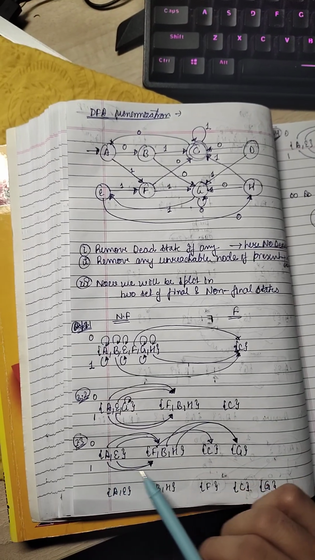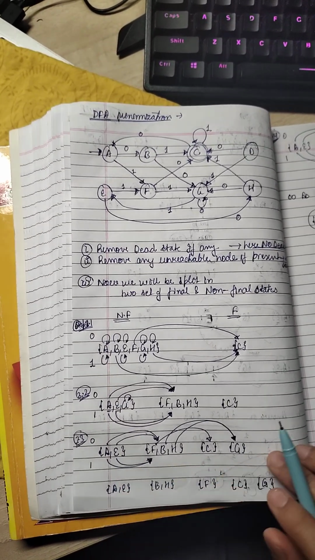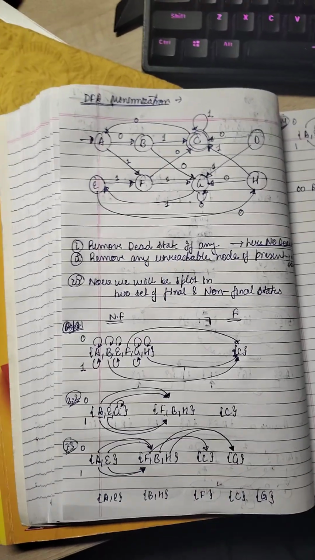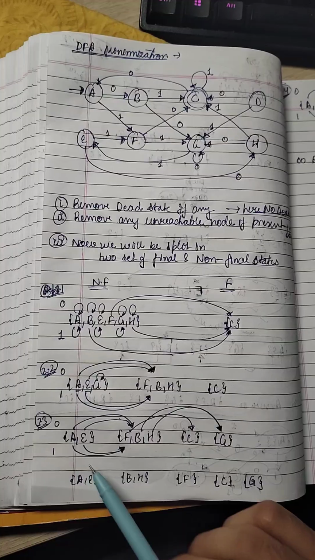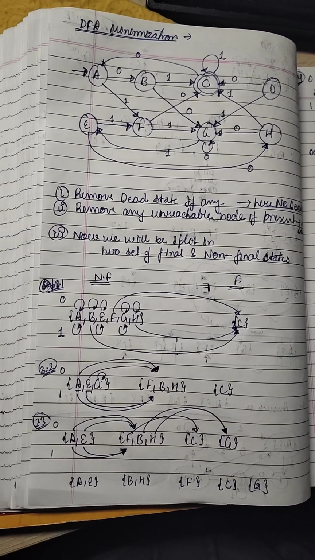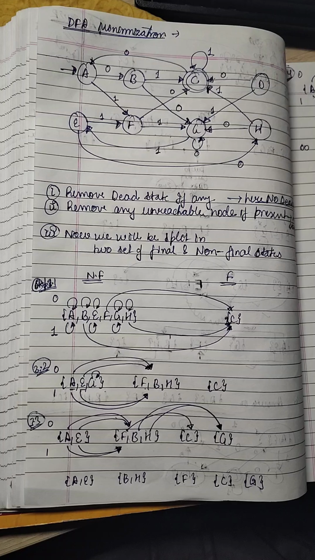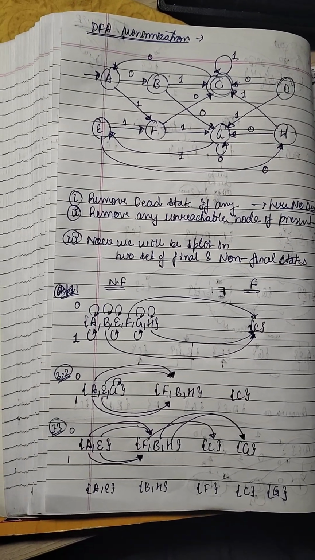Here also A and E are going to the set FBH. It can also go to another set, that will also be fine. The thing is that for a particular transition, like transition 1, it should not point to different sets, but should point to a single set.